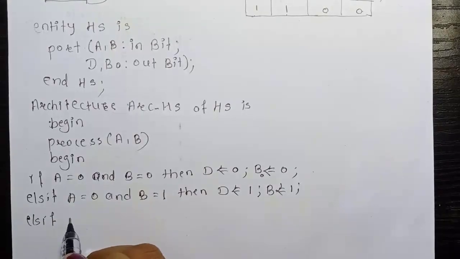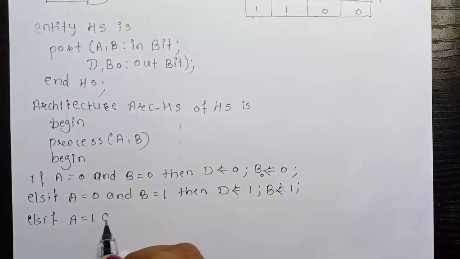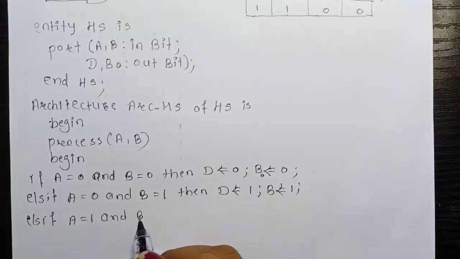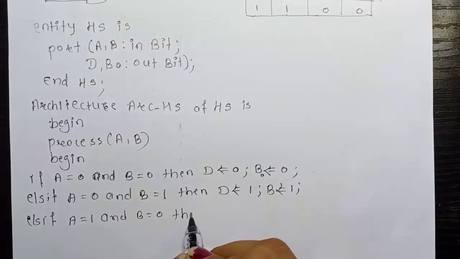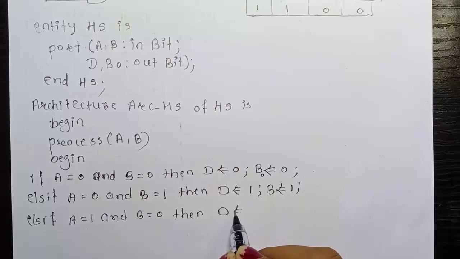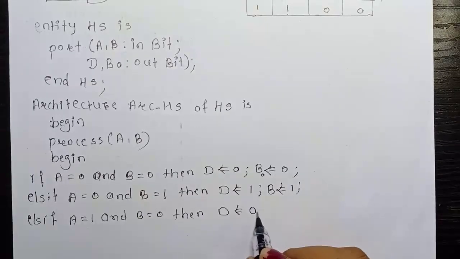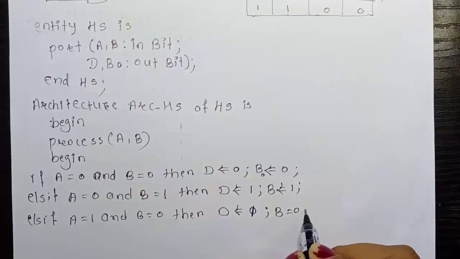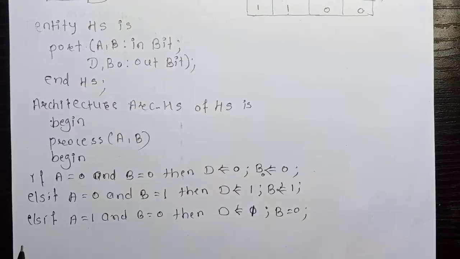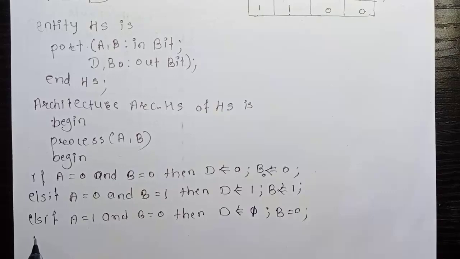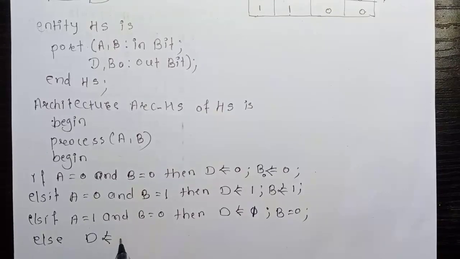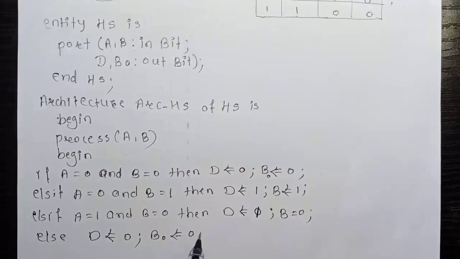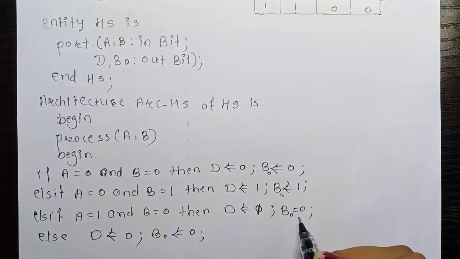Else if my A is 1 and my B is 0, then I will get difference 1 and borrow 0. In any other condition, that means else part, my difference will be 0 and borrow is again 0.